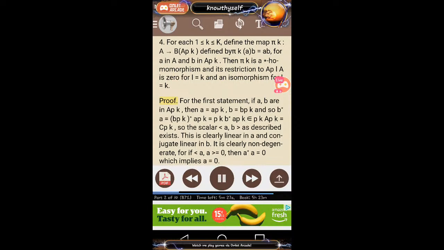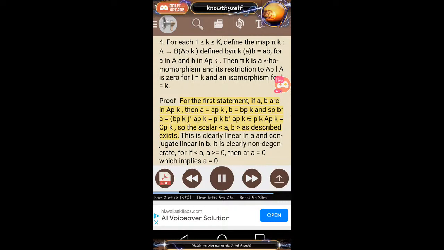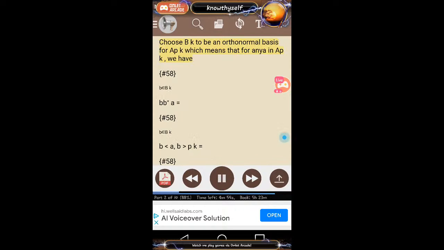Proof. For the first statement, if a, b are in A P_k, then a = a P_k, b = b P_k, and so b*a = P_k b* a P_k is an element of P_k A P_k = C P_k, so the scalar ⟨a, b⟩ as described exists. This is clearly linear in a and conjugate linear in b. It is clearly non-degenerate, for if ⟨a, a⟩ = 0, then a*a = 0 which implies a = 0.